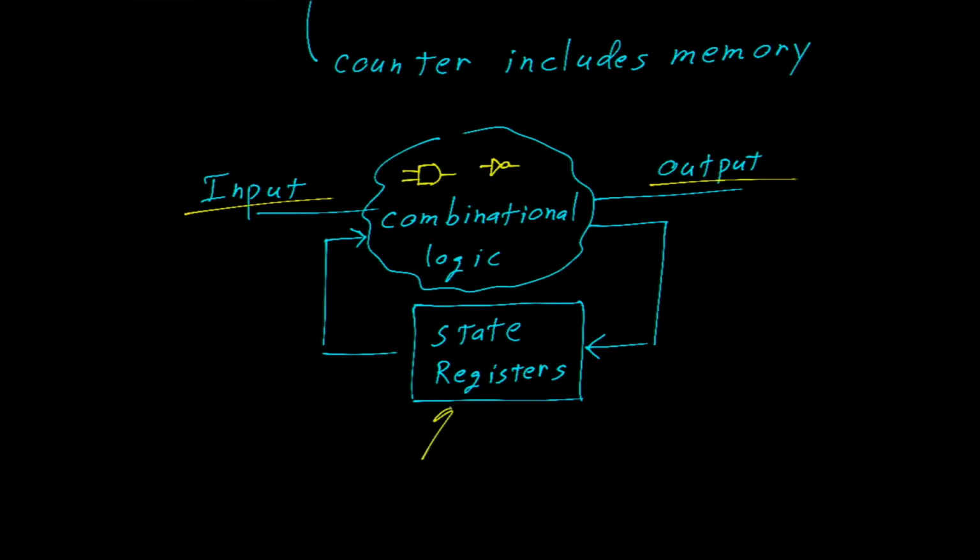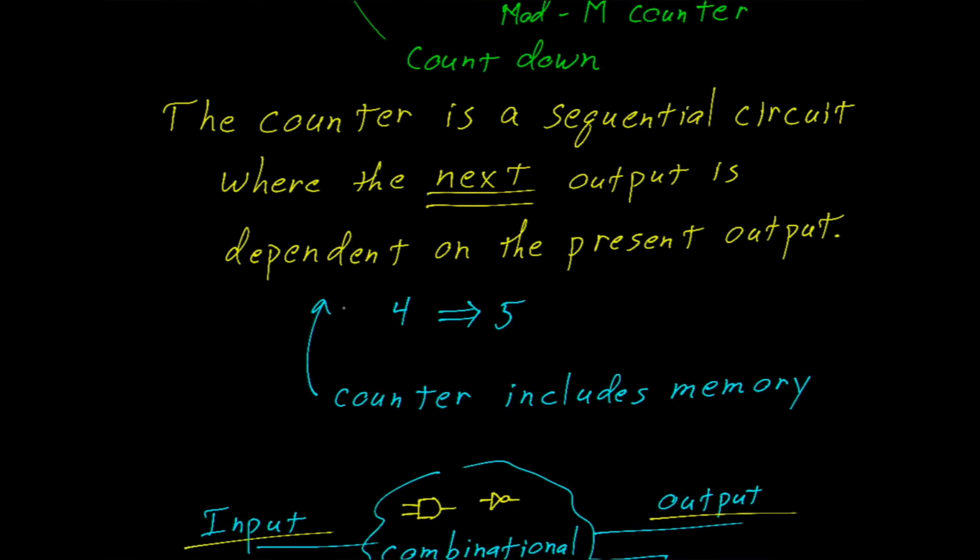We add memory. The state registers are memory. There's a few terms associated with this memory. On the input side, we have the word next. And on the output side, we have the word present. Those are the same words we saw up here.